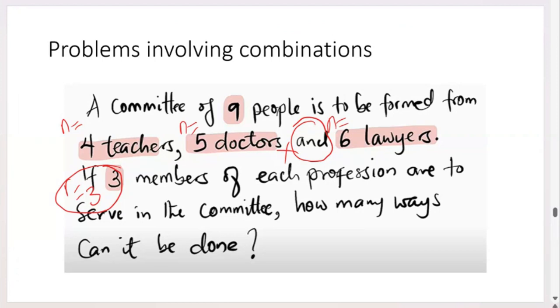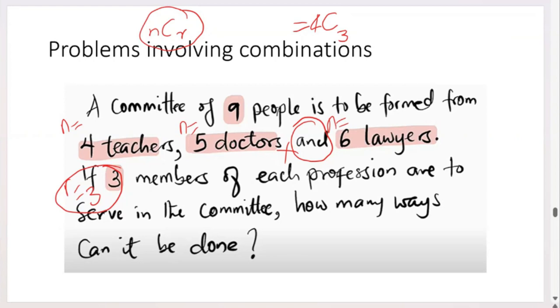So which formula are you using? Because I've already done the analysis, your answer here is going to be C with R. For your first one, the teachers, your N is 4. This is the formula that I'm using, because this is a combination.